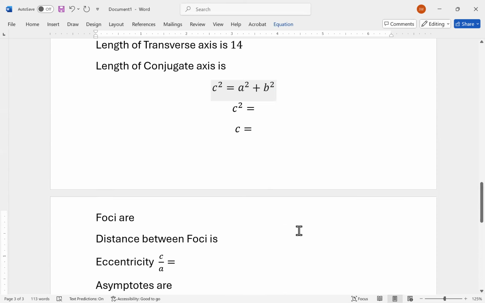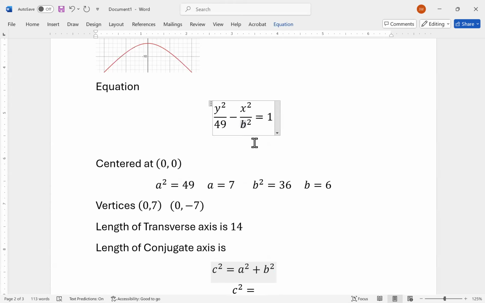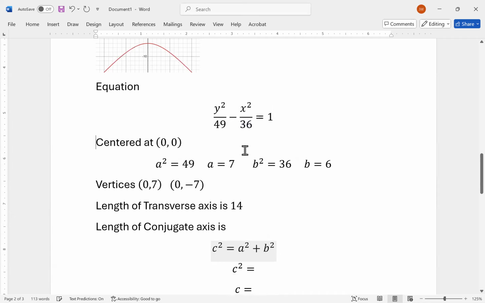And now I can go back up and put all of that in my equation. B squared is 36. So this is the equation that I end up with. We already have the vertices. We already have the length of the transverse axis. The length of the conjugate axis is double B, so that's 12 in this case.